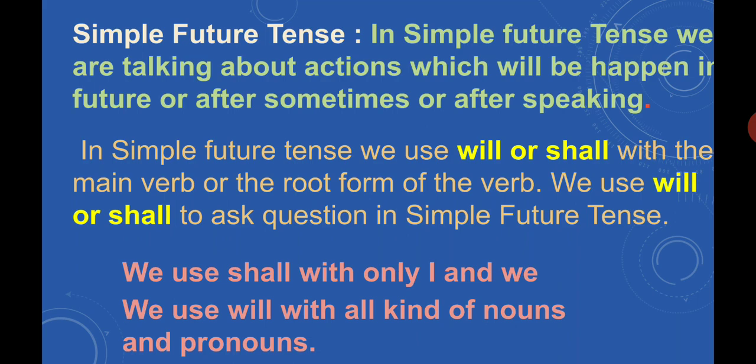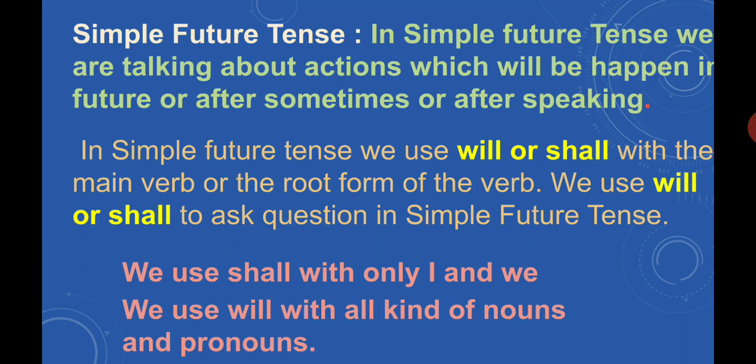So, with I and we, we use will or shall, any one of them. And with the rest of the pronouns, you, he, she, it and they, we only use will.